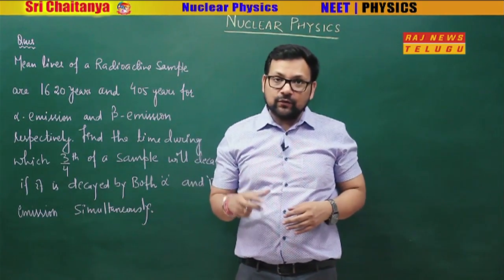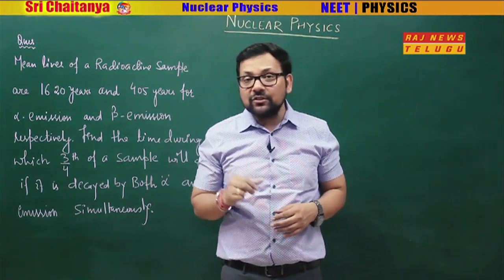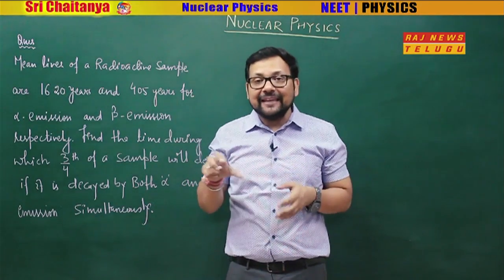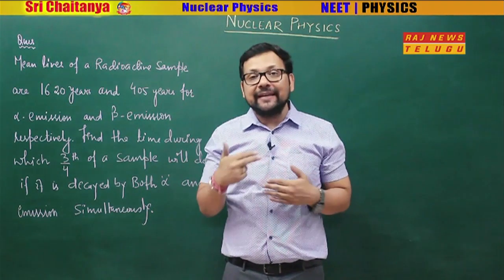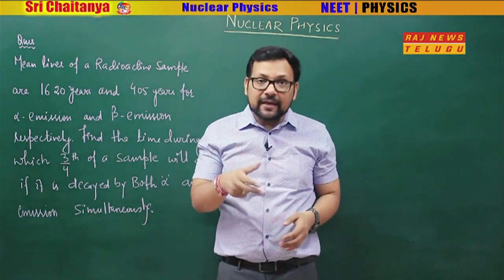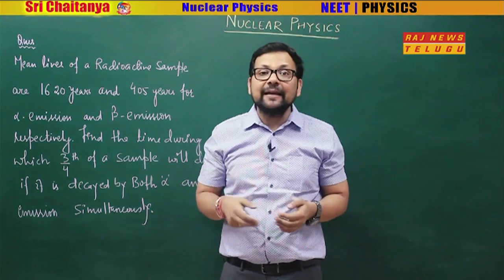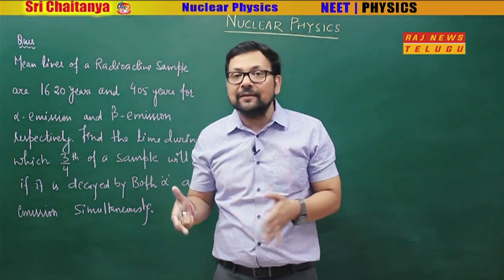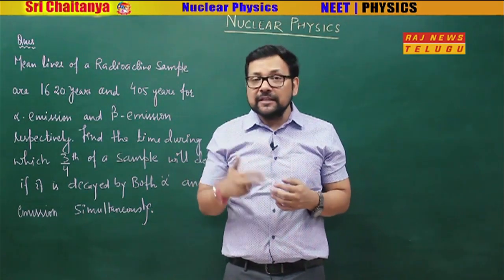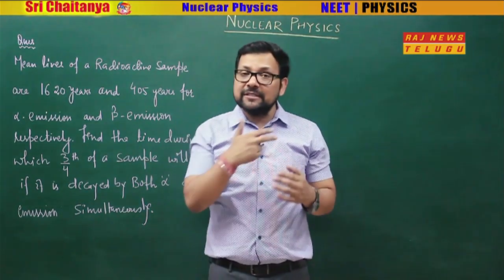This question we are going to solve on the basis of parallel emission. It means some sample is decaying by two decays simultaneously, that is, there is an alpha decay as well as a beta decay, but not one by one, rather simultaneous. We have learned the concept of parallel emission in our previous discussion.